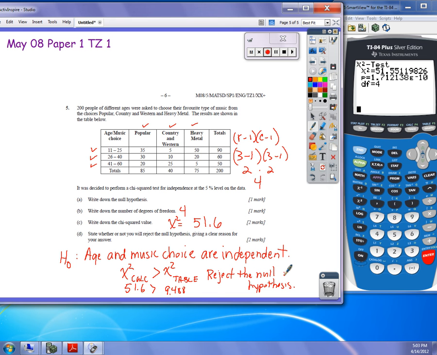And you could even write another sentence, sorry about that, I'm going to write it over here, that age and music choice, no surprise there, are not independent.